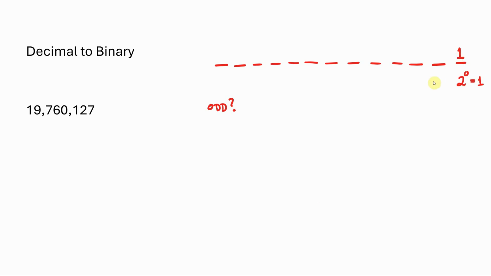Now we're on to the second place value. How do we know whether this number is going to be odd or even? The nice trick is that, since in this case we know the number is odd, we can subtract 1 from it. And then we're going to divide it by 2.